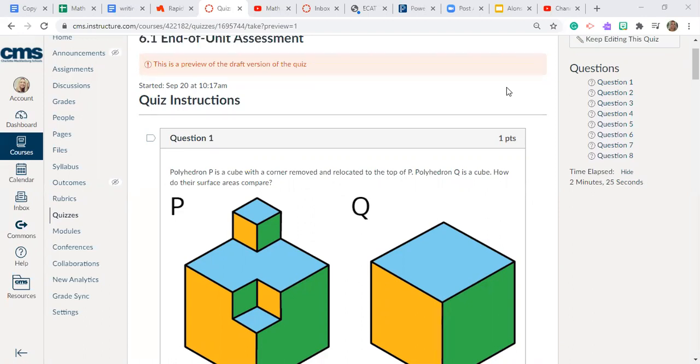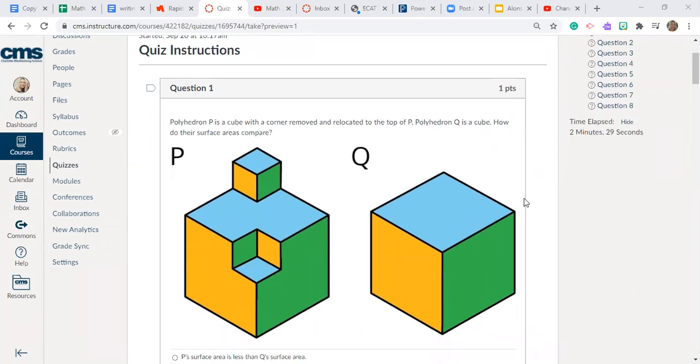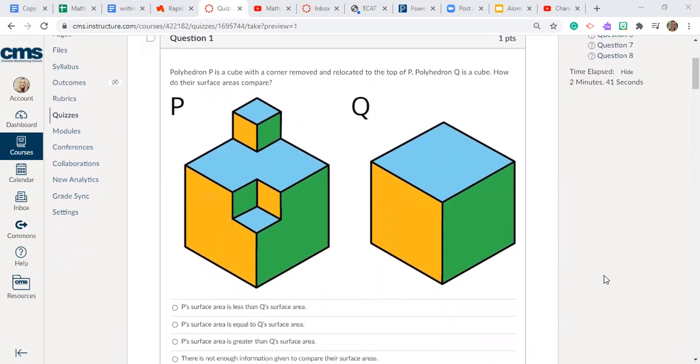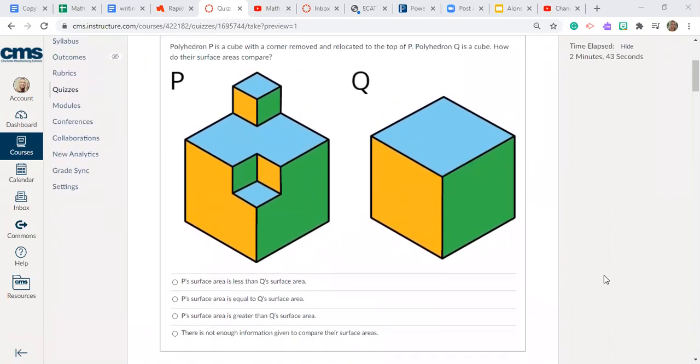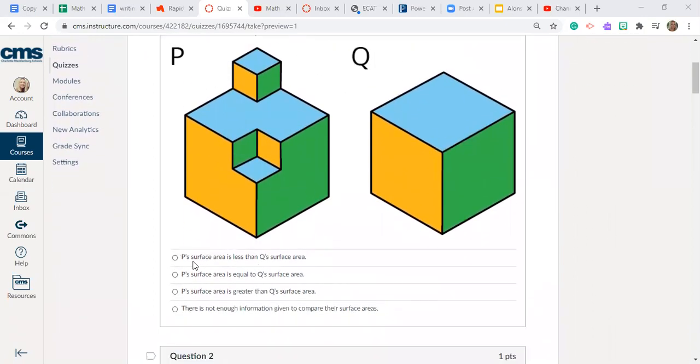Polyhedron P is a cube with a corner removed and relocated to the top of P. Q is a cube. How do their surface areas compare? P's surface area is less than Q's surface area.